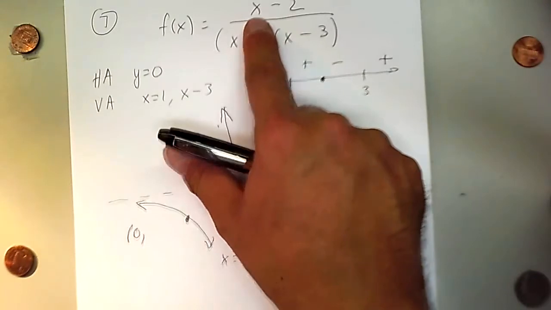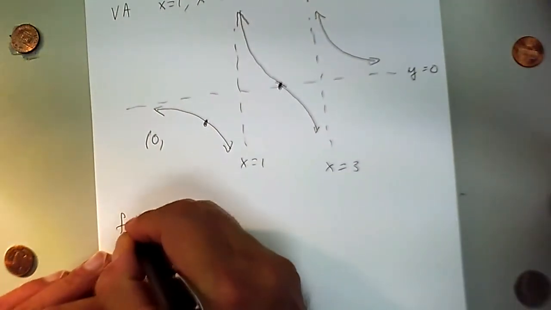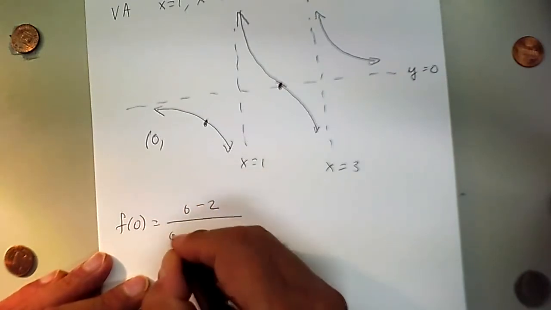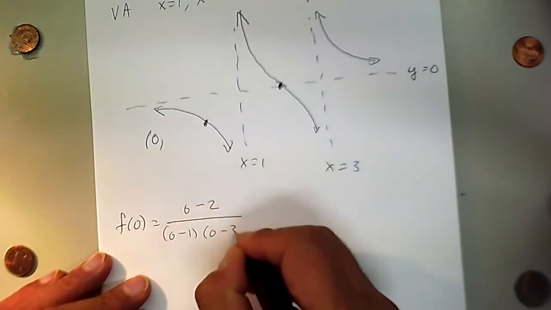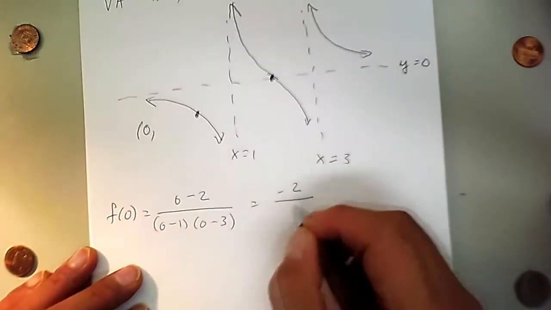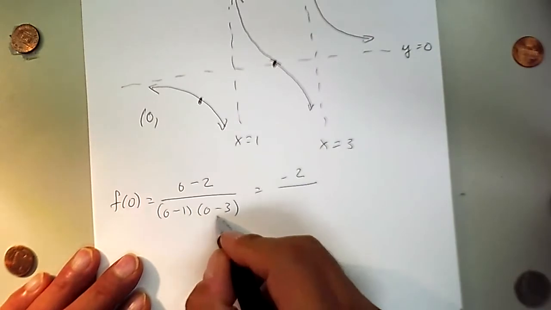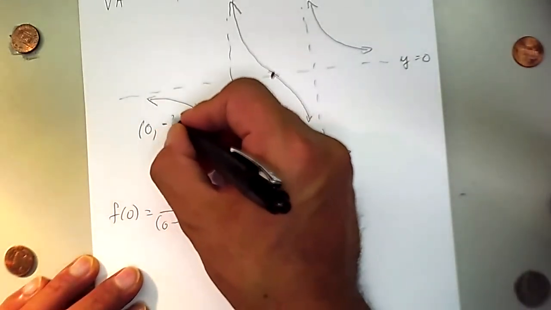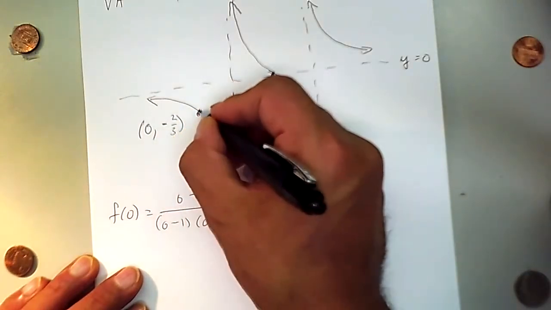When x is 0, let's figure this out down here. F of 0 will be 0 minus 2 over 0 minus 1 times 0 minus 3. And that's going to give us negative 2 over negative 1 times negative 3, positive 3. So we end up with negative 2/3 for the y-intercept.